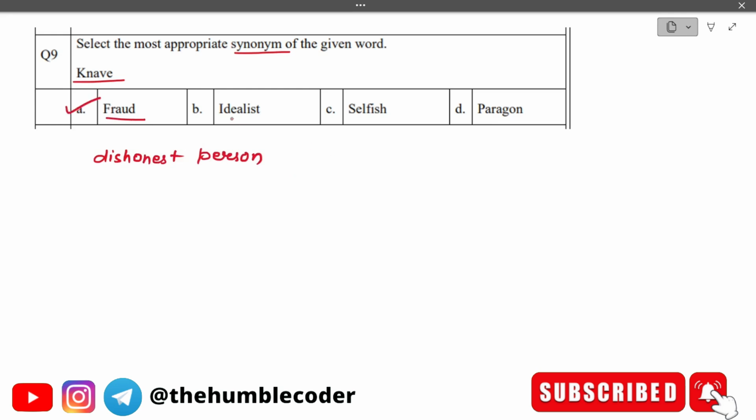So just to give you an idea about the meanings of the other words, "idealist" is what? Idealist is someone who is having high ideals. Okay, so this is a positive word basically. And "selfish", we all know, someone very concerned with their own interest. Okay, and what is "paragon"?